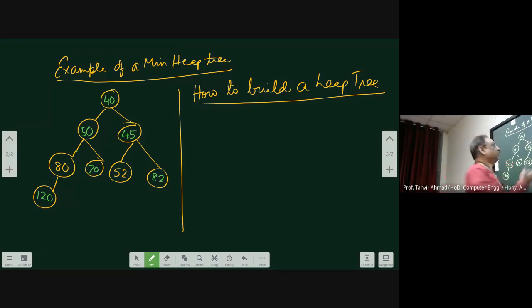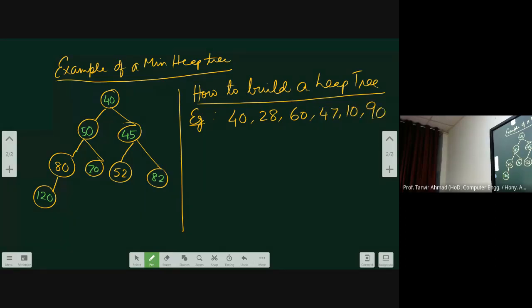Now, let us take an example where the numbers I have are, say, 40, 28, 60, say 47, 10, and say 90. Now let's take this. I want to make a heap tree with this. Now, what type of heap tree do you want to make? You want to make a max heap tree or a min heap tree.